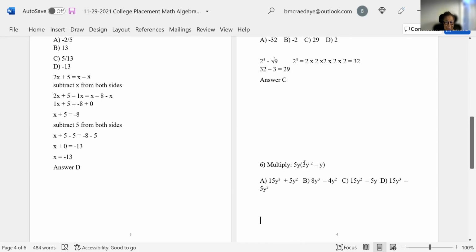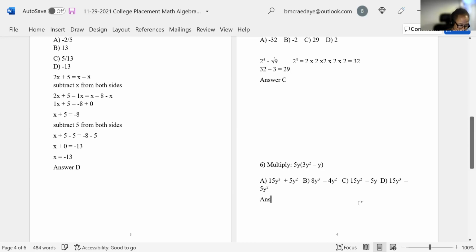So it will be 5y times 3y to the second. That gives you 15y to the third, and then 5y times minus y gives you a minus 5y squared. So what did you say your answer was?